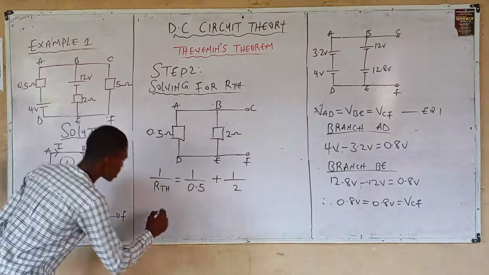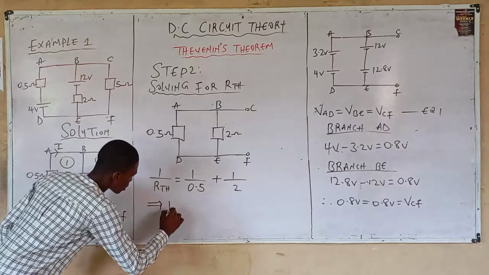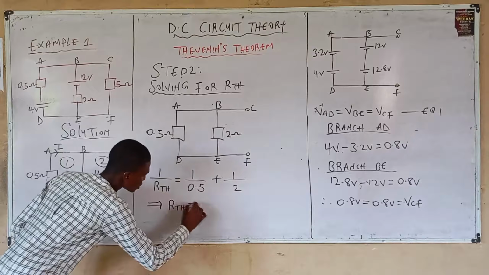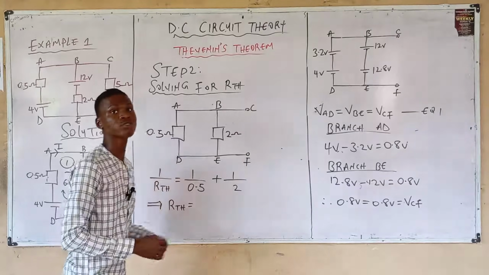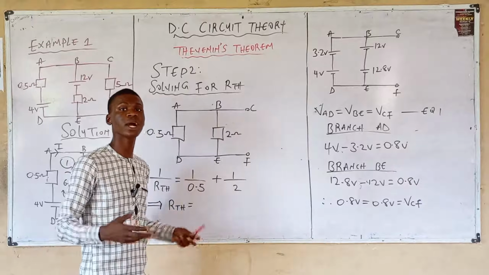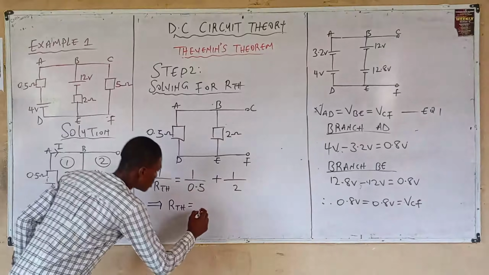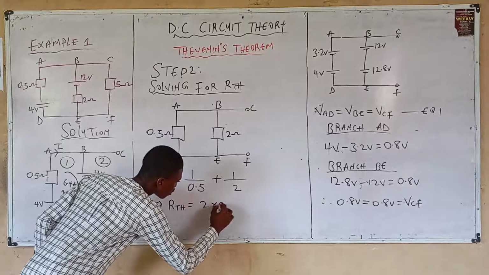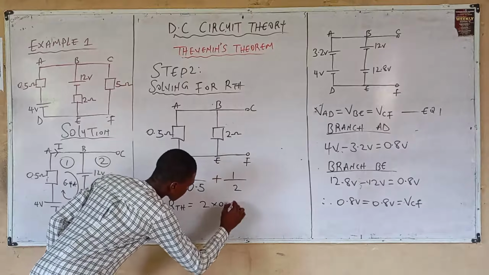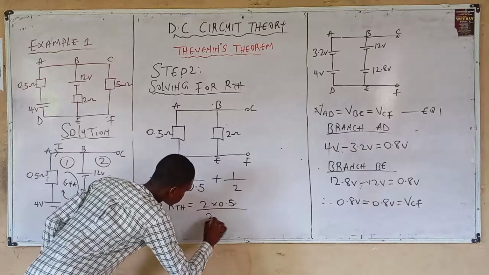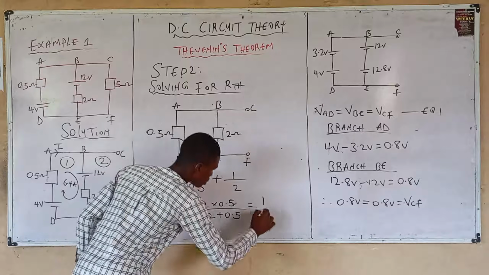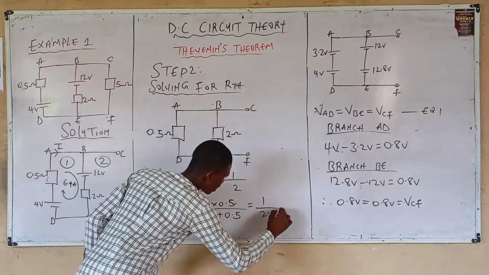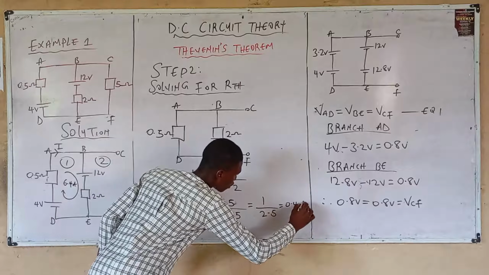Which is the same as the product of the resistors divided by the sum of the resistors, meaning 2 times 0.5 divided by 2 plus 0.5, which gives 1 divided by 2.5, and this equals 0.4 ohms.